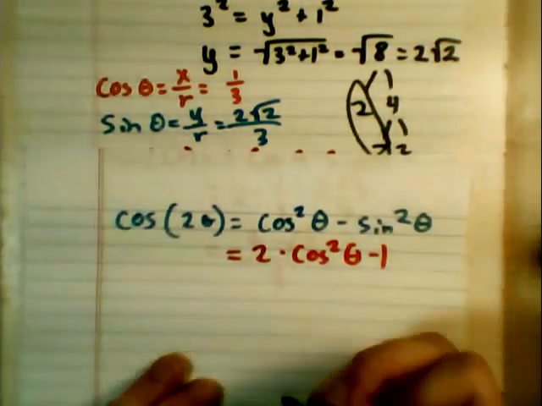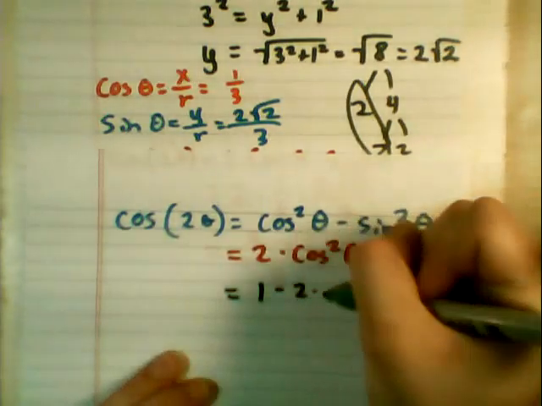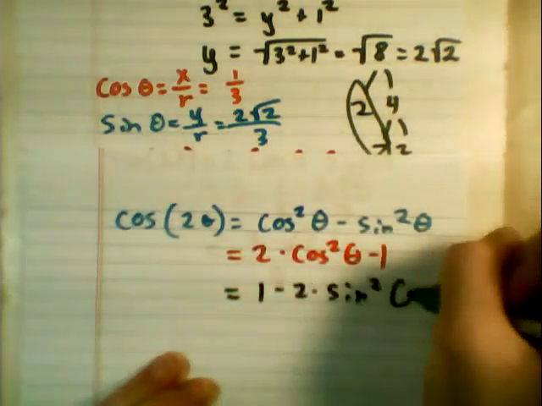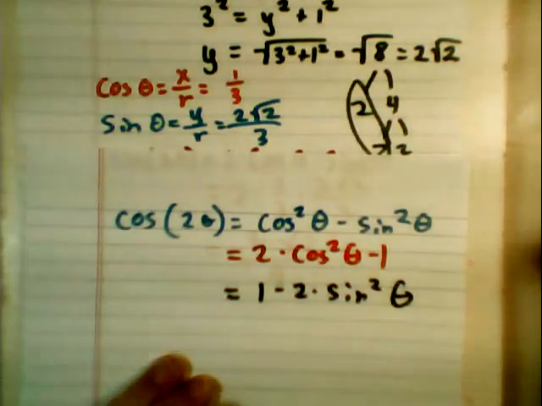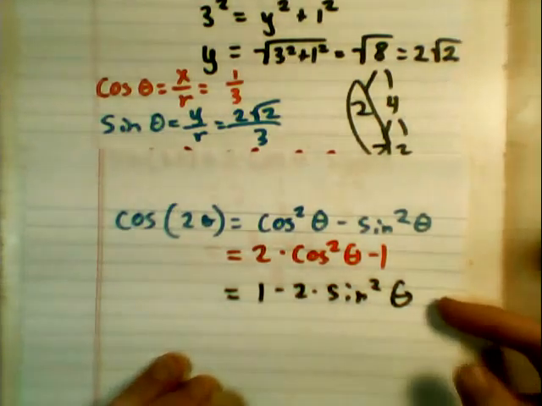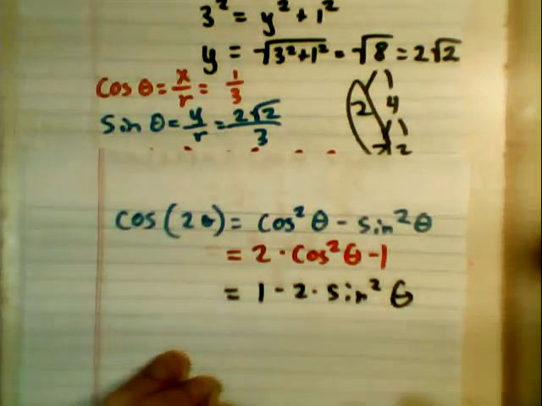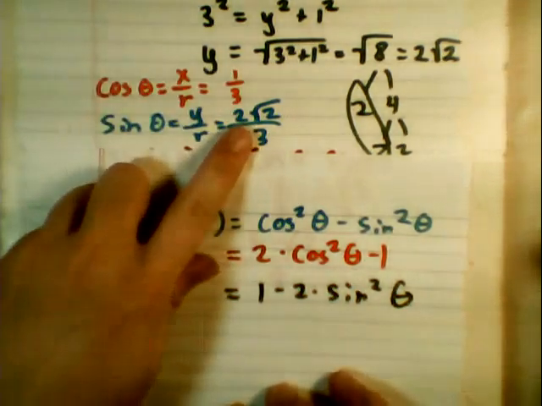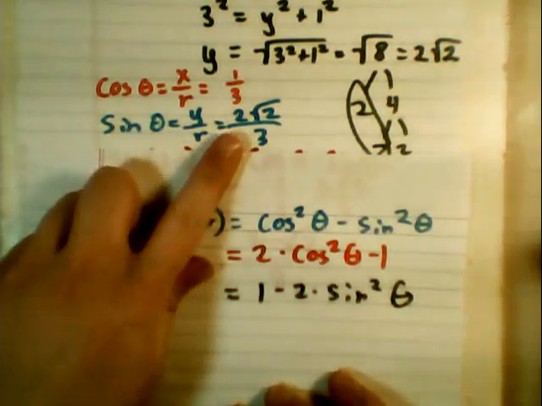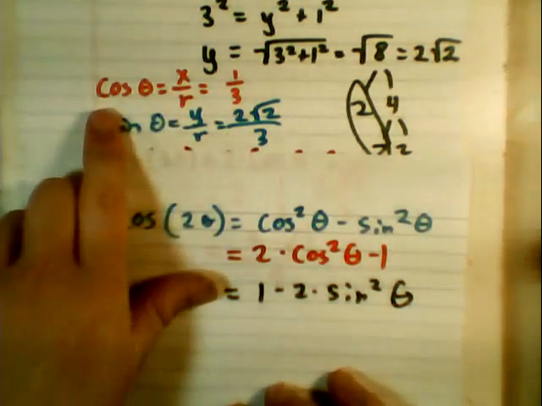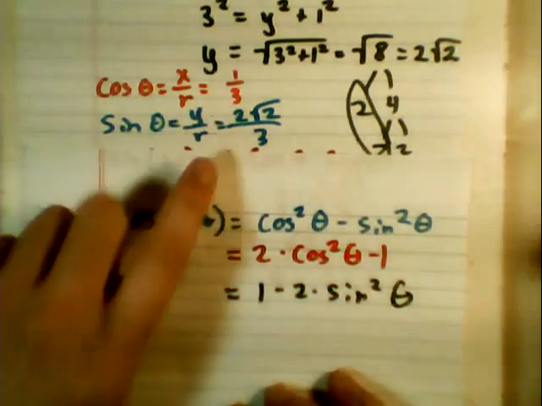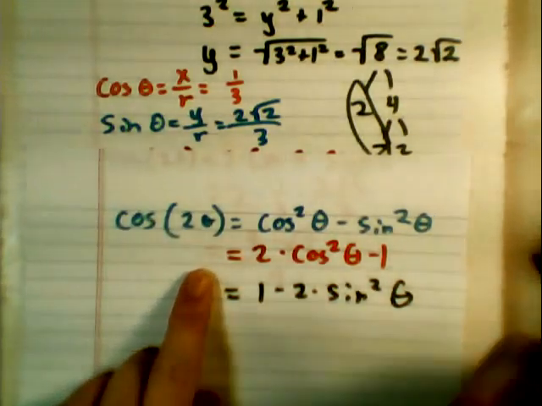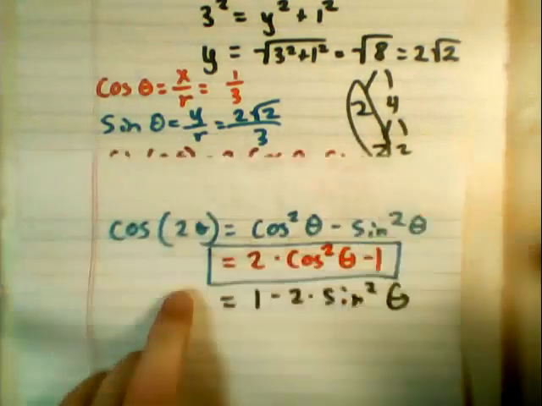And there's also 1 minus 2 times sine squared theta. So, which one should we use? Well, I would recommend using whichever one of these is easier, because you see how this one has the sine has the square root of it. It's a little yucky. So let's use one that is very involving with cosine, because it's 1/3. So let's use this one.